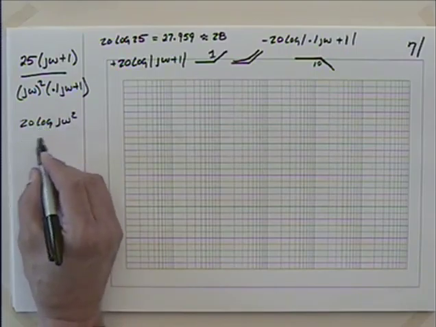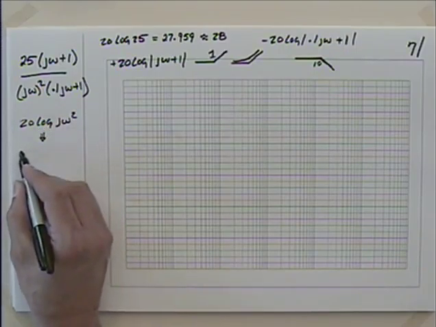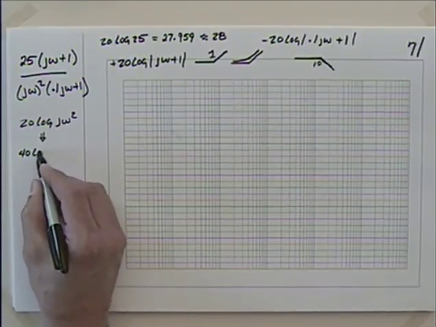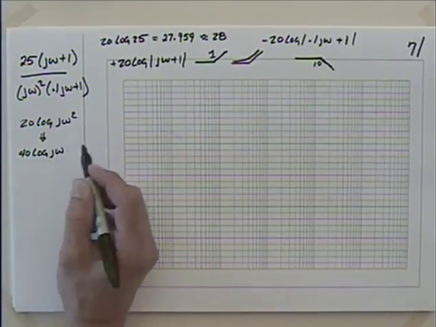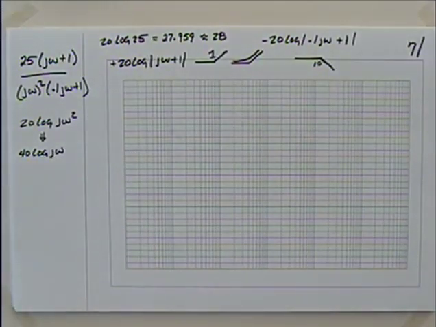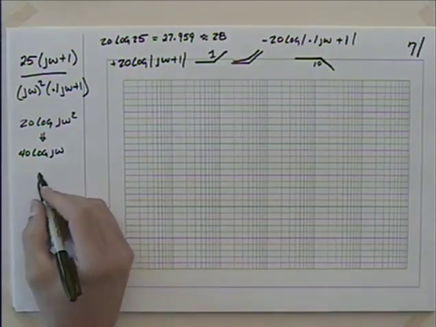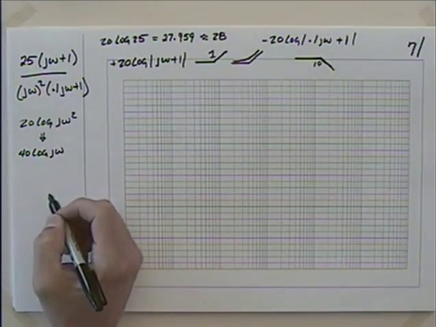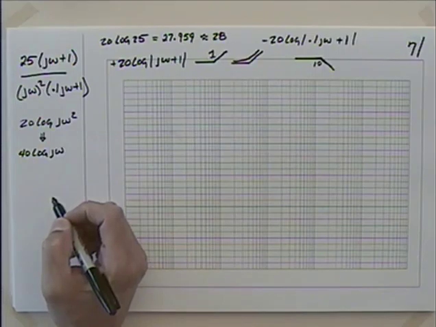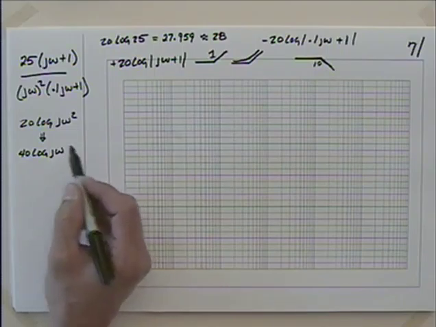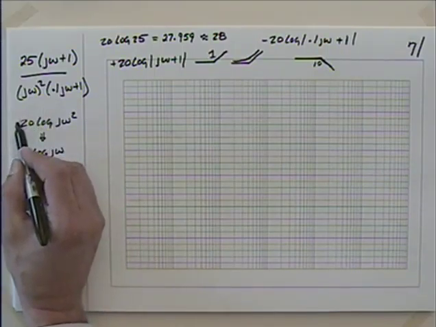Wouldn't that be the same as saying 40 times the log of j omega? Will you buy that? That's one of the rules of logs. Yeah, it's in the denominator, so it should be negative.